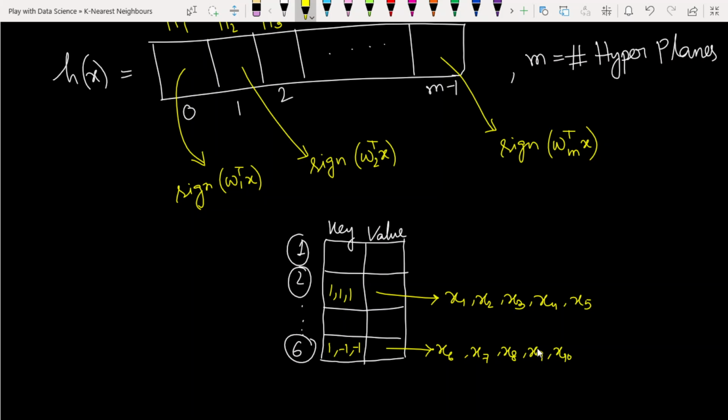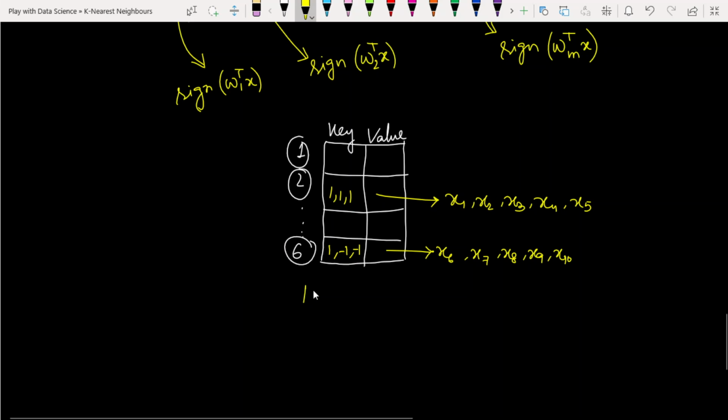So now the question is, what is the time and space to construct this hash table? This is simply called the hash table.